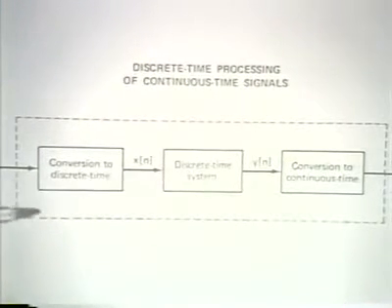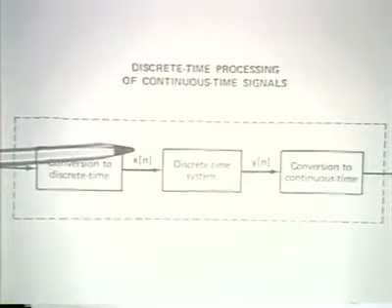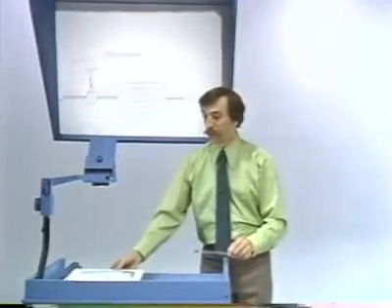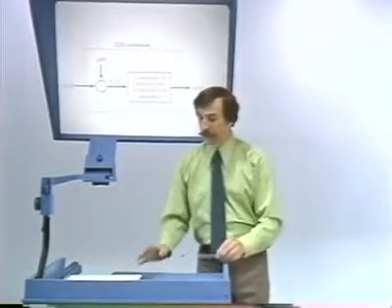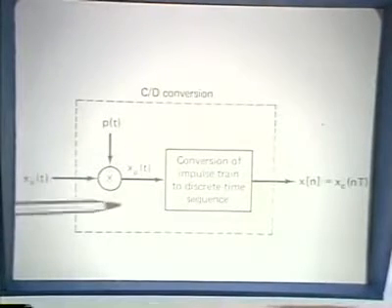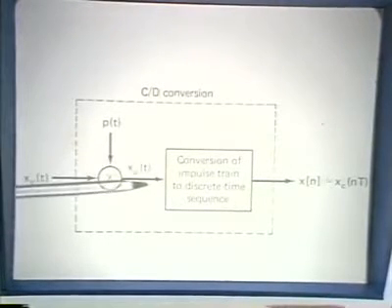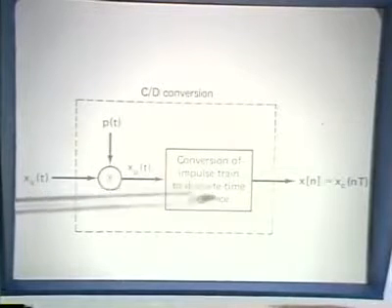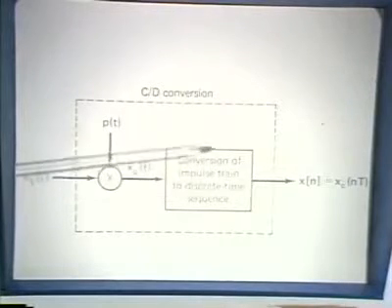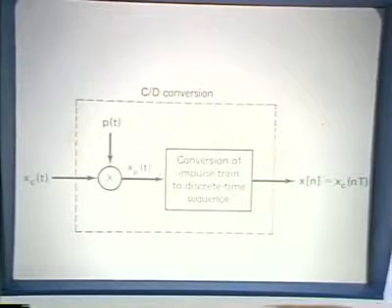And the conversion from a continuous time signal to a discrete time signal is done by exploiting sampling, specifically by sampling the continuous time signal with an impulse train, and then converting the impulse train into a sequence in a manner that I'll talk about in more detail next time.